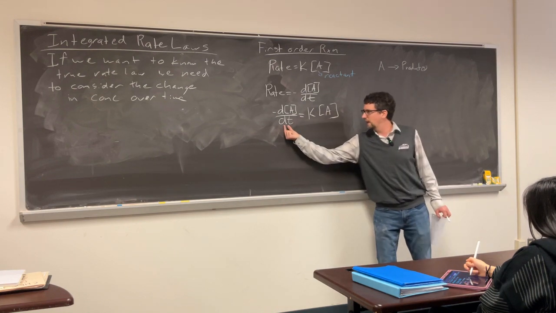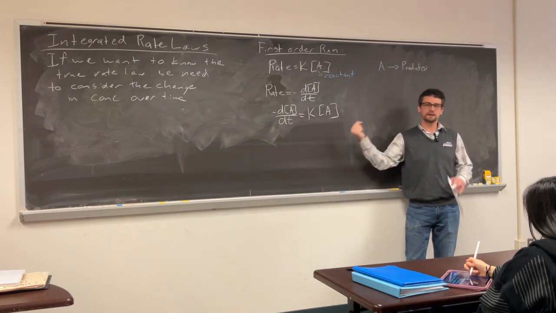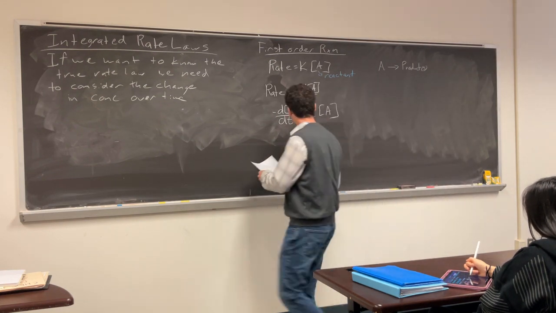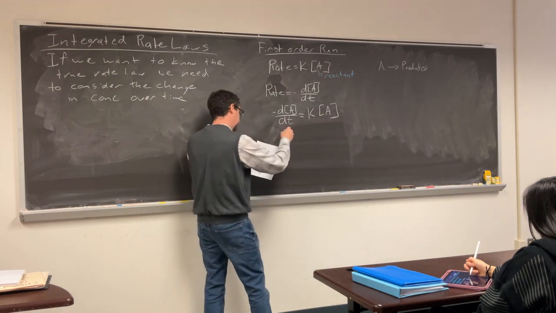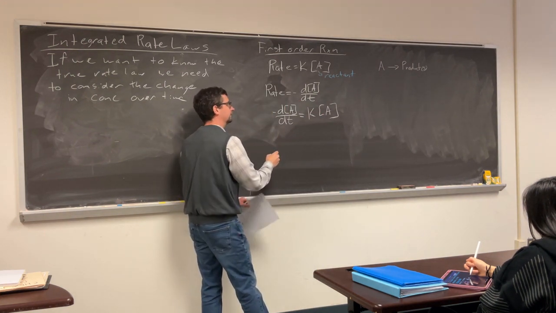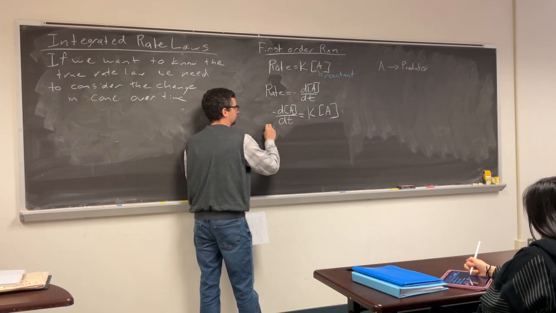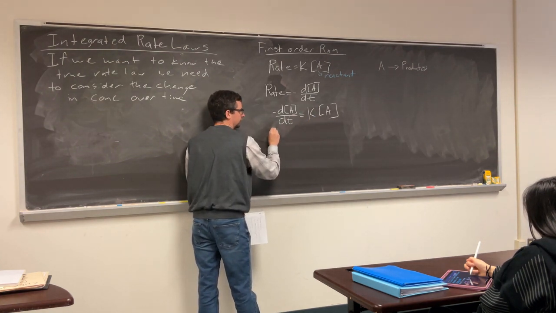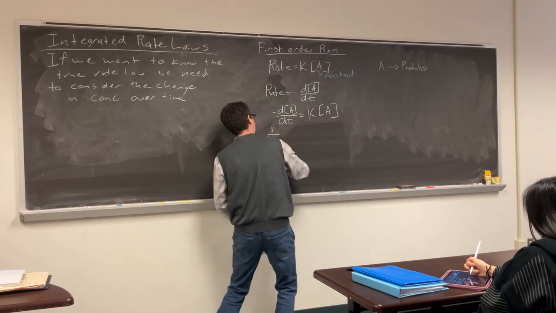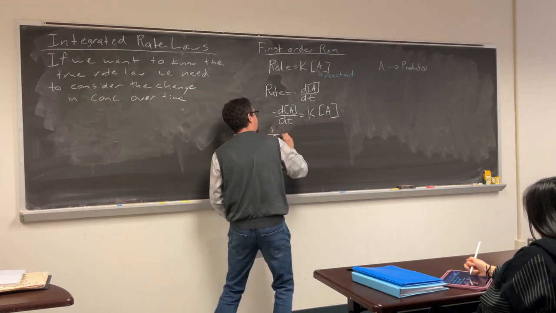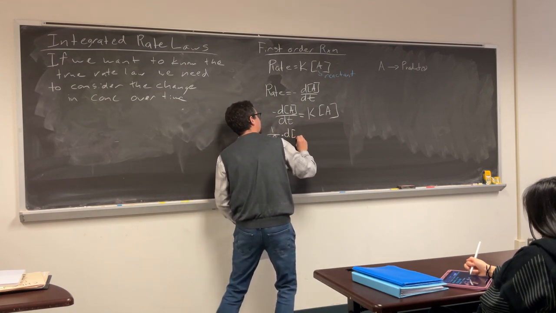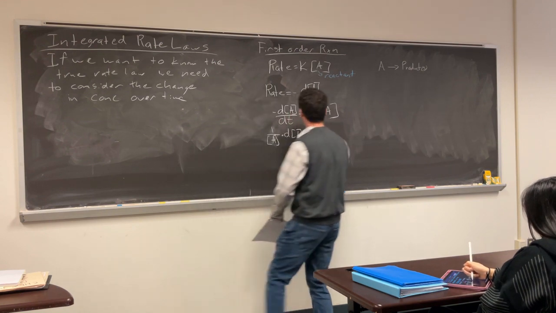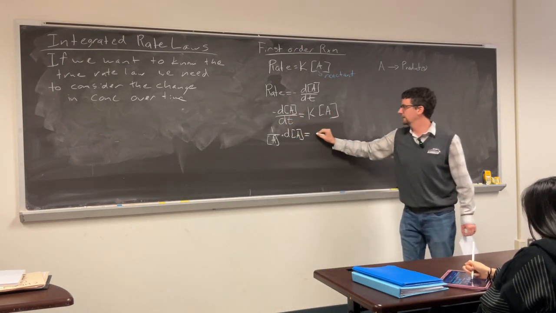So what we're going to do next is move the t over and the A over. We move the A over. What are we going to get? If we move this guy over here. Yep, times dA. I want to move the negative sign and the dt over.